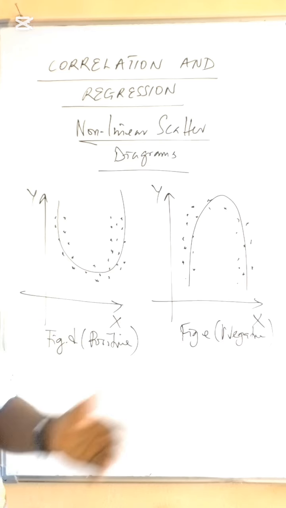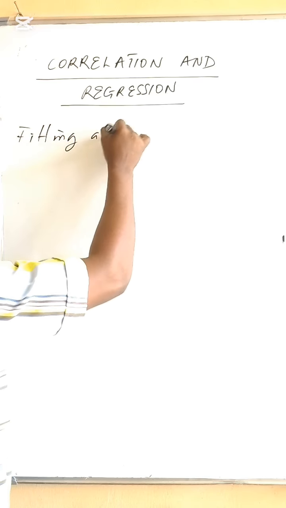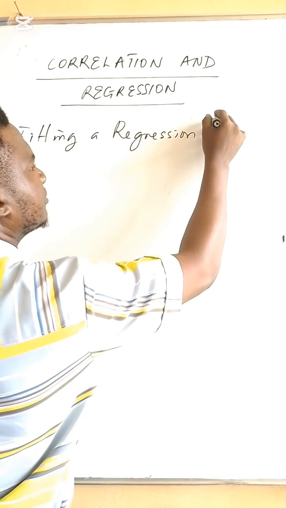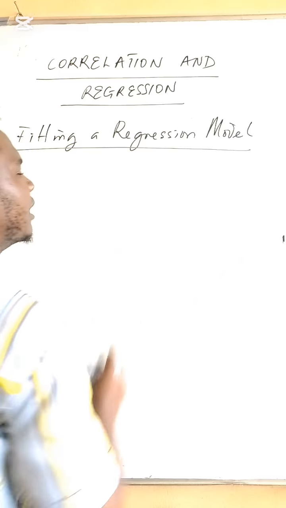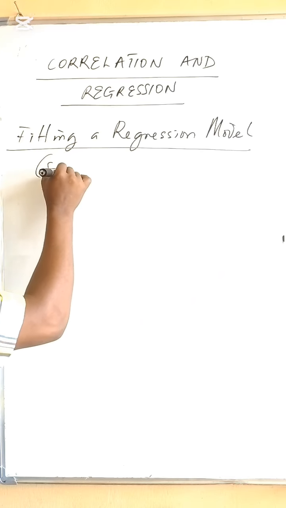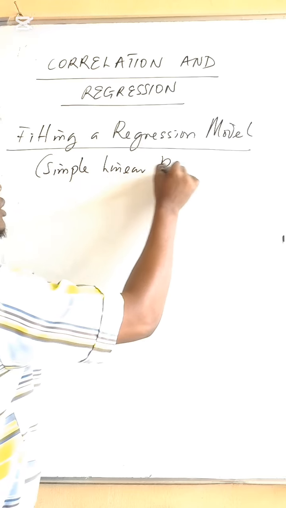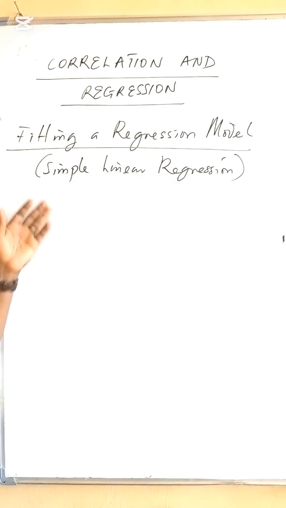So now let's move over to the next thing I want to discuss, which is fitting a regression line or model. Okay, fitting a regression model. Now, the regression model we shall be looking at in this case is called a simple linear regression, and I'm going to explain that quickly. Why is it a simple linear regression?